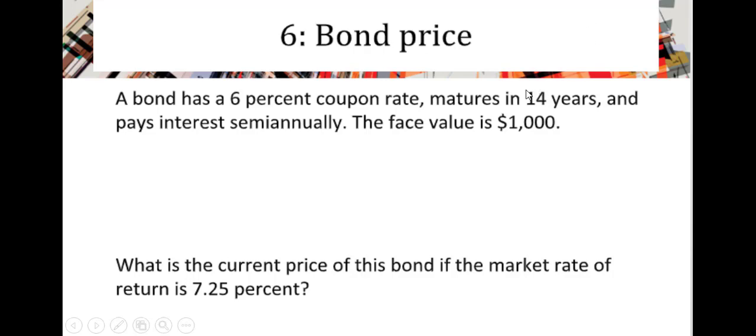So the maturity period of the bond in our case is 14 years and the face value is $1,000. The bond coupon payment is semi-annual and the market rate of return is 7.25%. And you will learn that 7.25% is the yield to maturity of the bond.